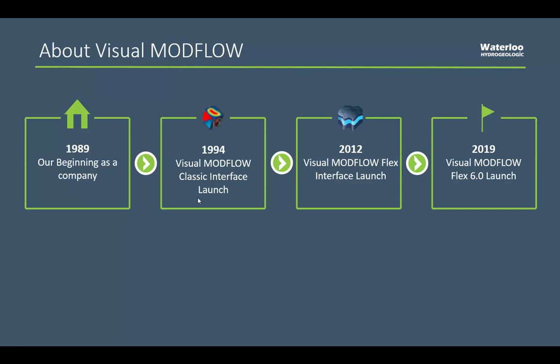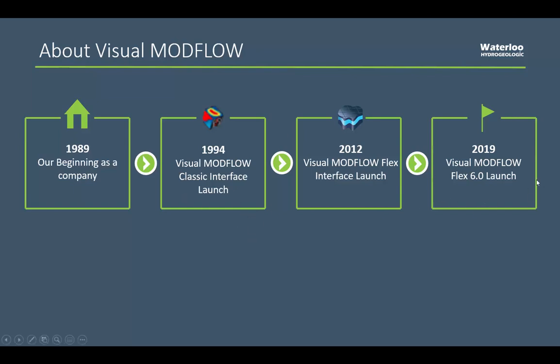So, yeah, about 7-8 years ago, we took the first steps to begin modernizing Visual MODFLOW. So we launched Visual MODFLOW Flex in 2012. At that time, we might say it was a bit of a beta version. It didn't have all of the features and capabilities that Visual MODFLOW Classic had.